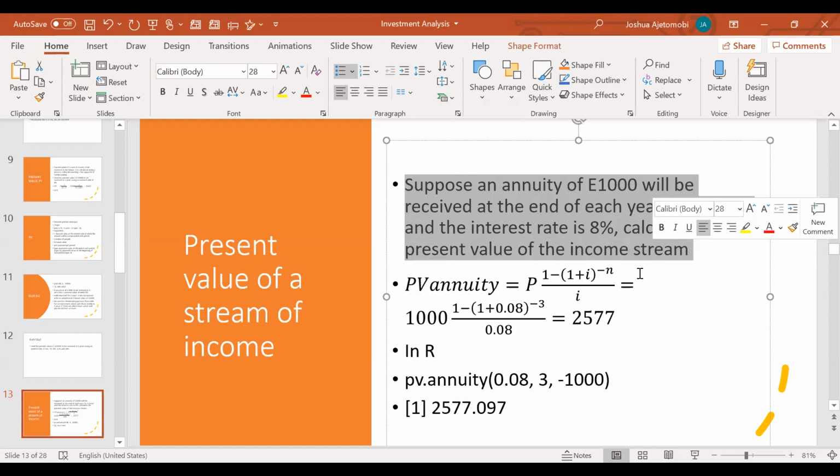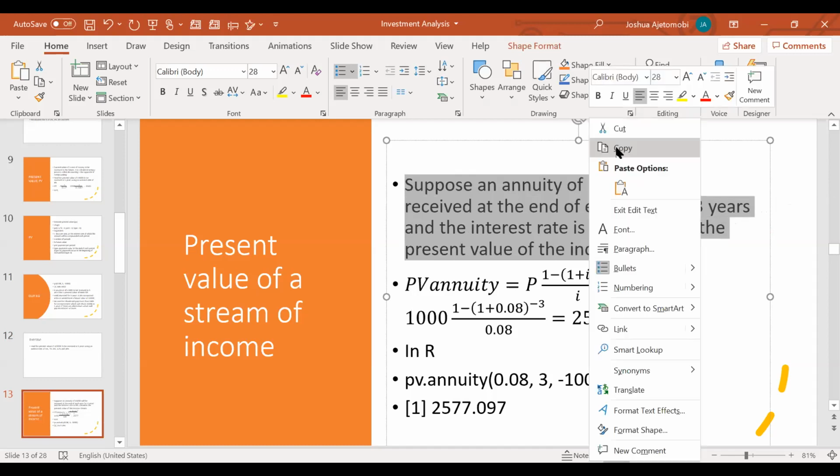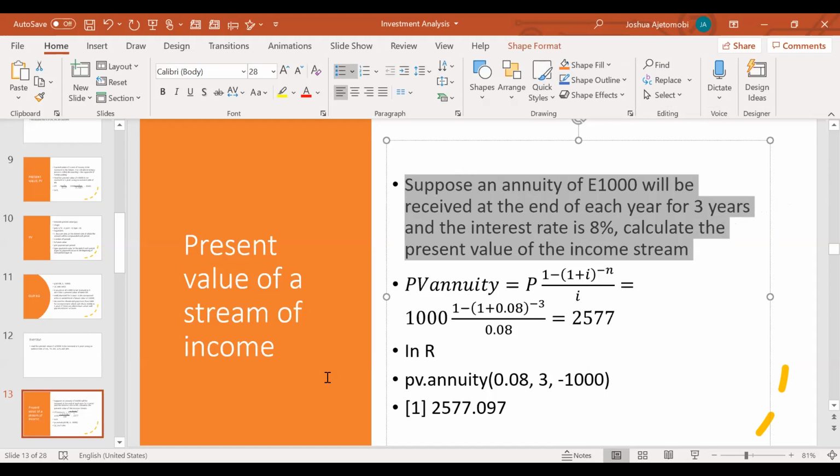Let's calculate the present value of the income stream. The only difference between what we are trying to do now and what we've done is the annuity. Try to do that and let's see whether you'll be able to get the same answer.